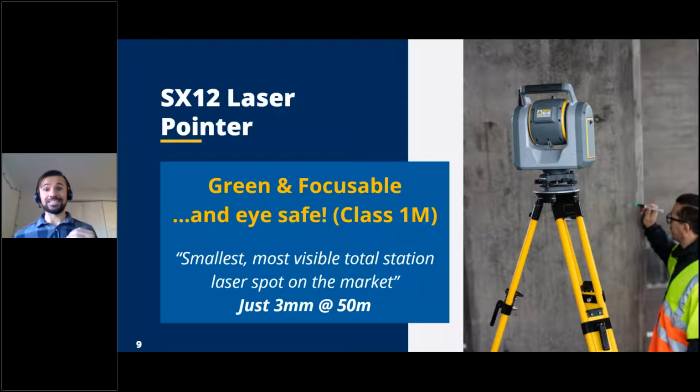Really easy to see that in those challenging environments, variety of settings where you can change it, whether you want it flashing, you want it high powered, low powered, all of that kind of thing. It is the smallest spot size in the industry, fantastic instrument for tunneling. And the best part about it is it's class 1M, so it's an eye-safe laser, so no concerns there.